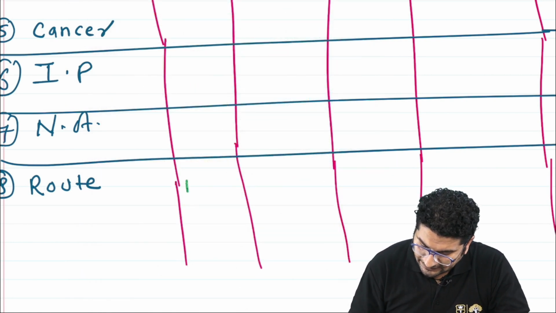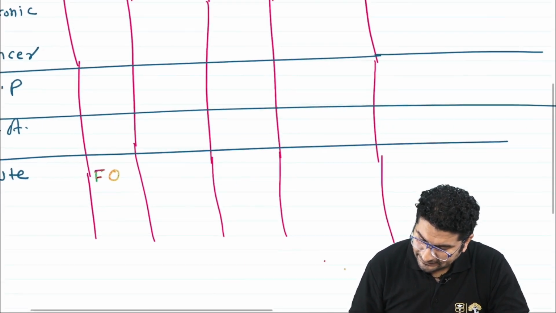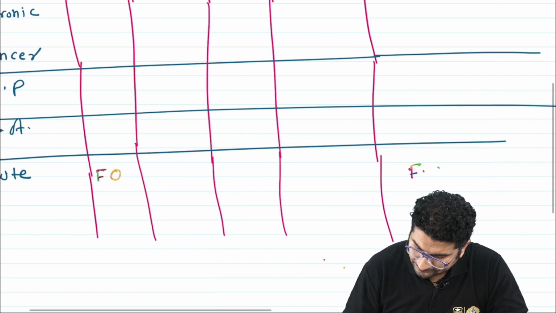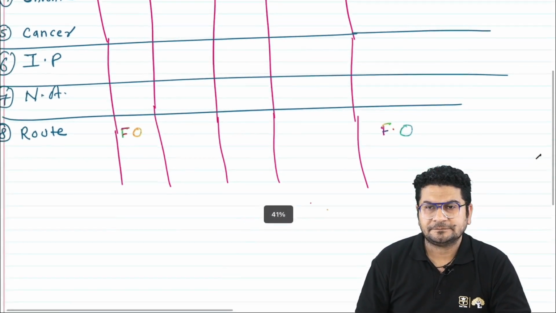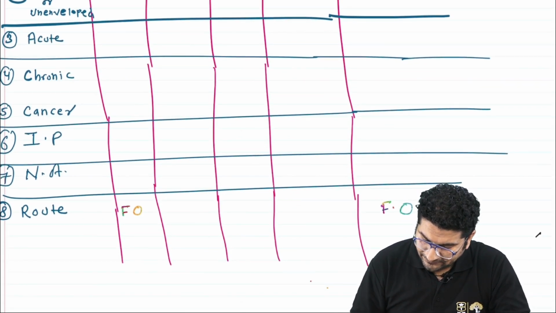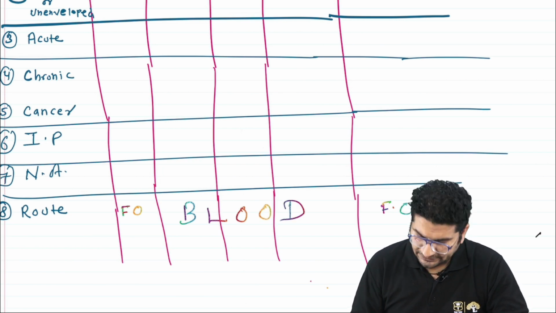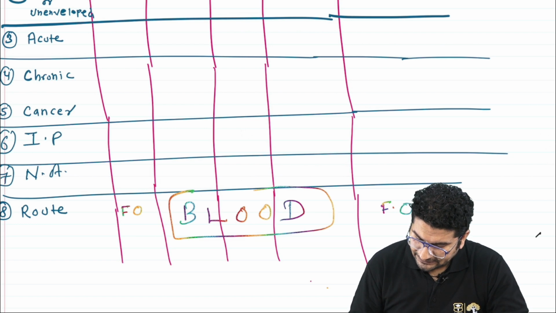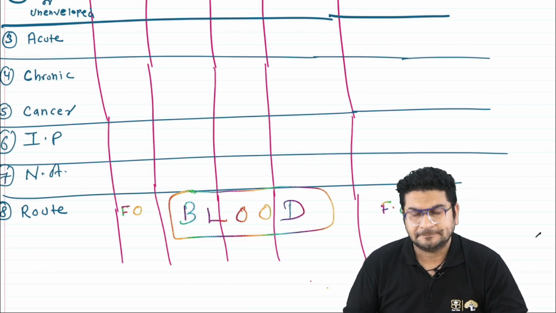I am writing here FO, fecal-oral route, for hepatitis A and hepatitis E. For the other viruses, B, C and D, they will spread by blood.